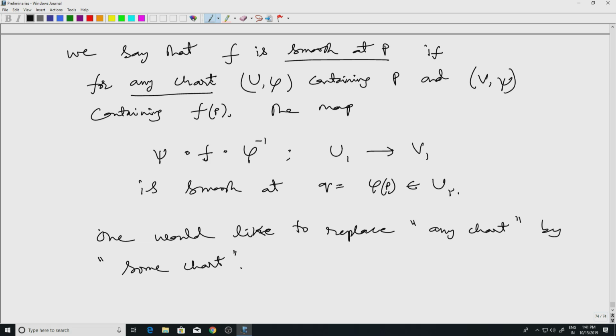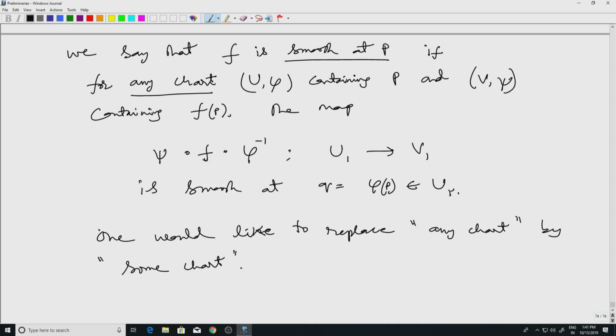Even though the definition involves a chart as an atlas, the atlas itself is not that important, in the sense that it gives rise to a certain structure on M. I can replace this atlas by another atlas which is in some sense equivalent, and essentially all the corresponding notions will turn out to be the same.